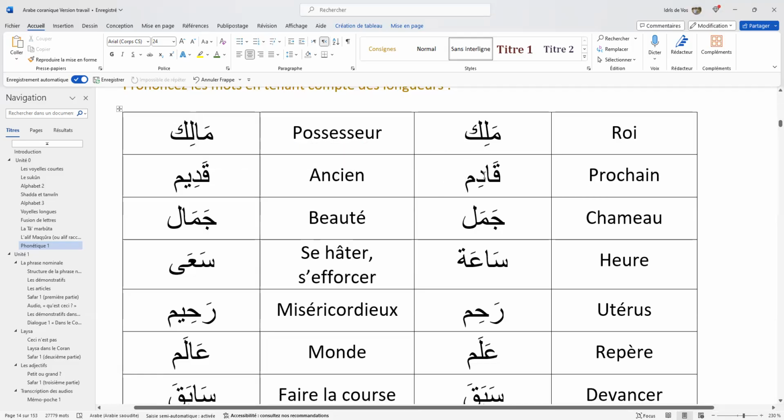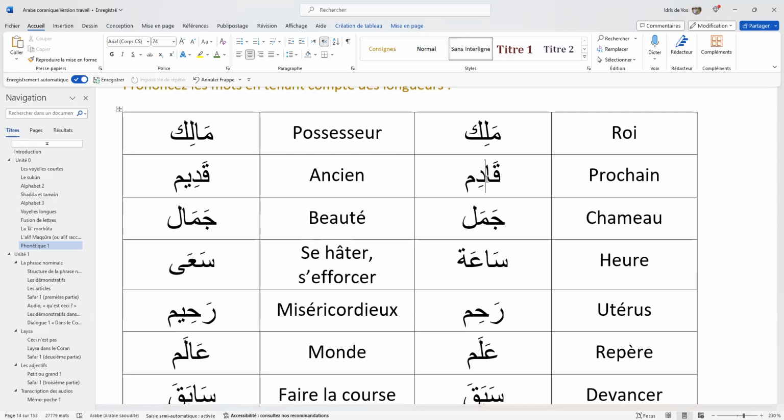So this alif has a real function. Likewise here, if I have the word Qadim, it means next, whereas the word Qadim means old. We almost have opposites. So here we clearly see the importance of pronouncing the long vowel correctly, of stressing it. And as I was saying in the previous video, where you have long vowels is also where you have the tonic stress.